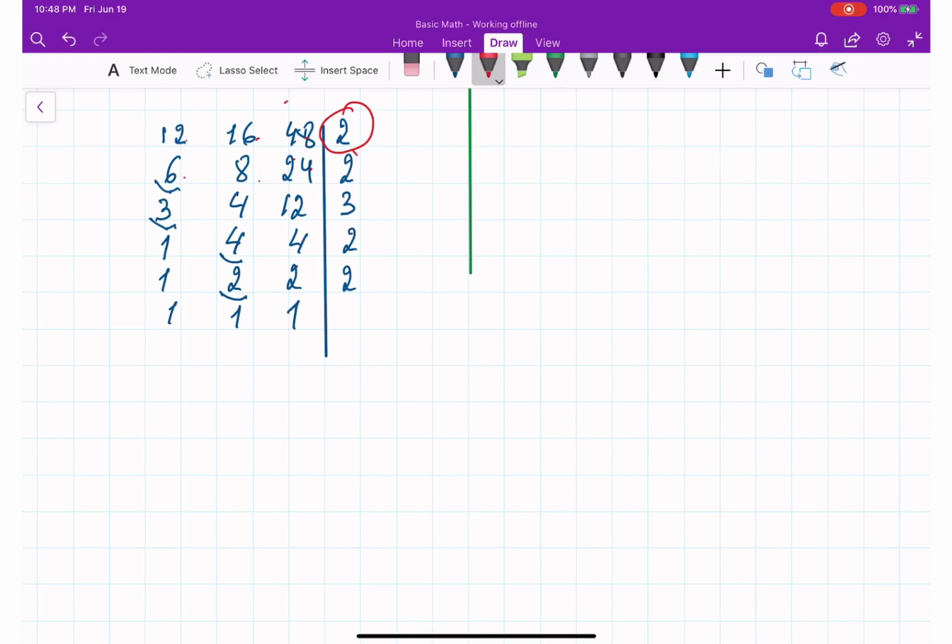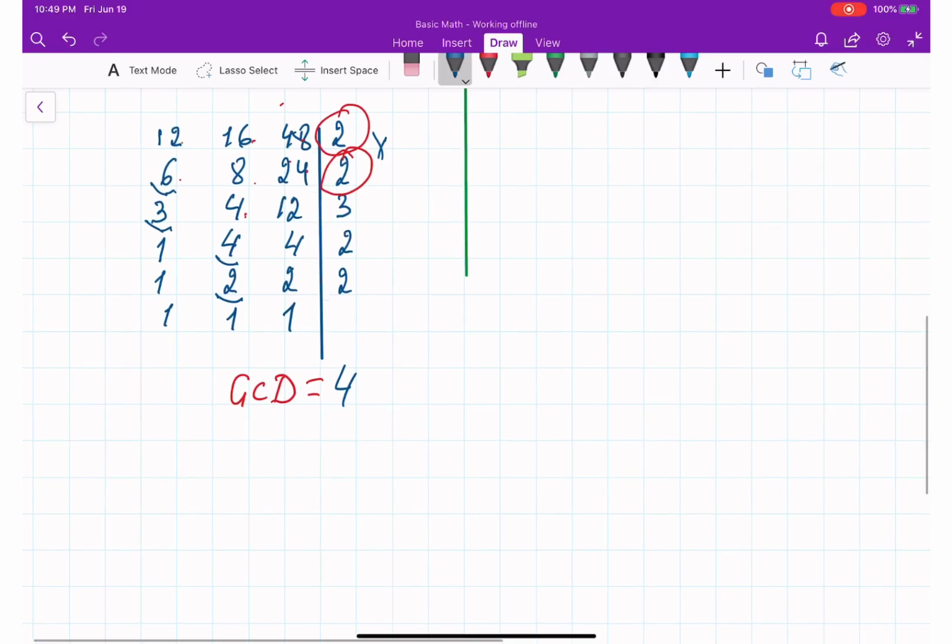These 2 also, because all three numbers I could divide by 2, and that's it. This 3 is not included because this 4 I could not divide by 3. So 2 times 2, the greatest common divisor is going to be 4. 2 multiplied by 2.